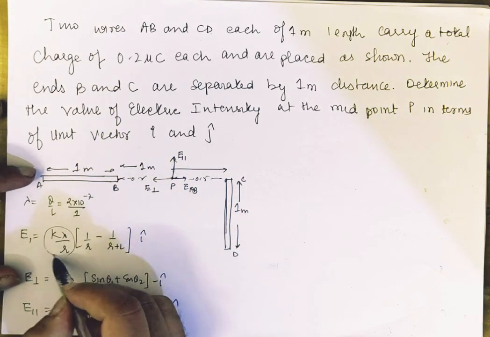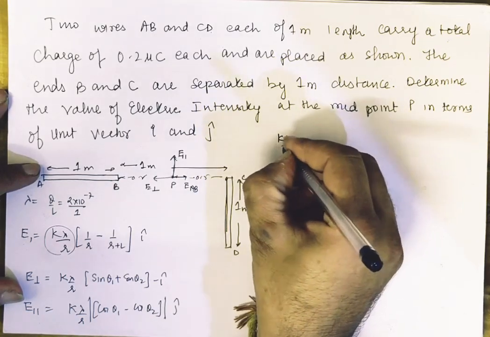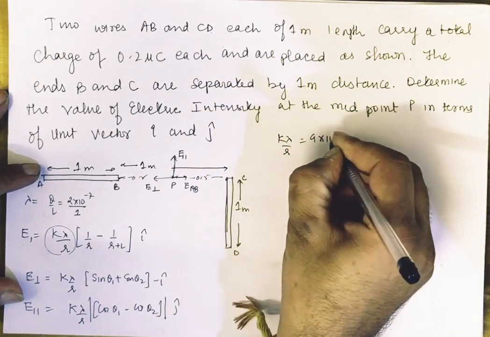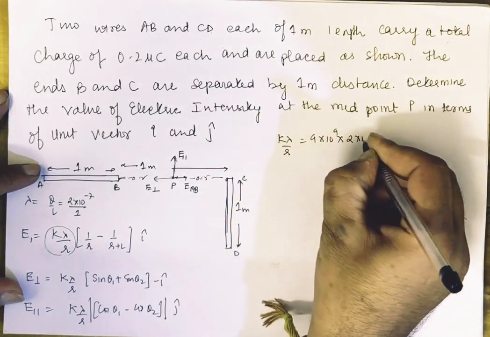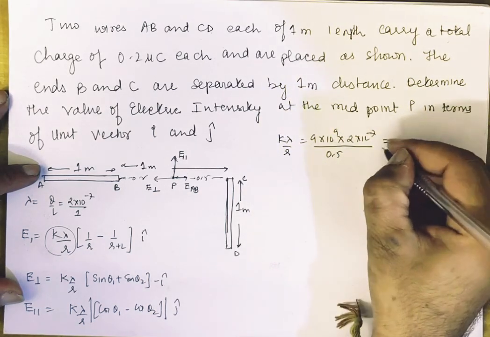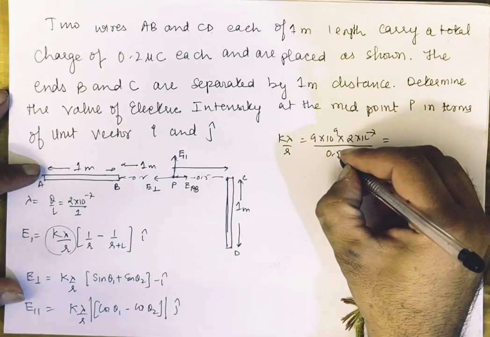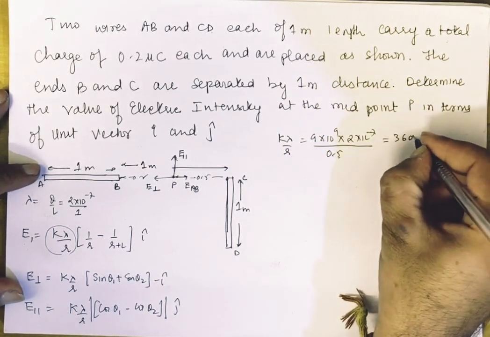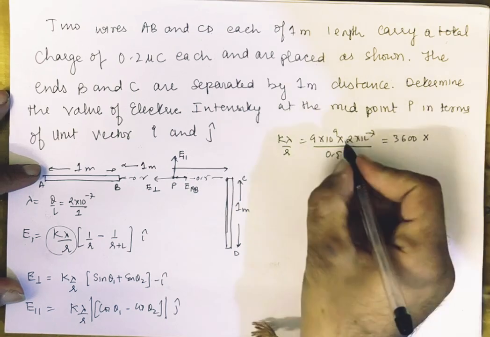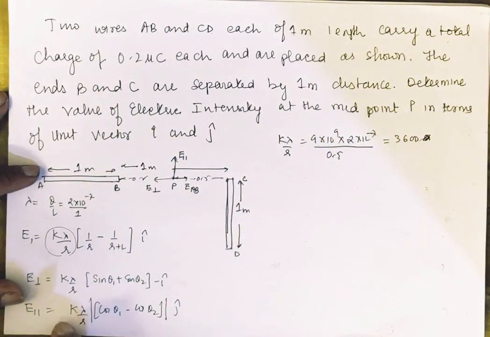So we can calculate K lambda by R first: 9 times 10 power 9, lambda is 2 times 10 power minus 7, and R is 0.5 meter. 9 times 2 is 18, so 1800, and dividing by 0.5 gives 3600. So 3600 is the value for K lambda by R.